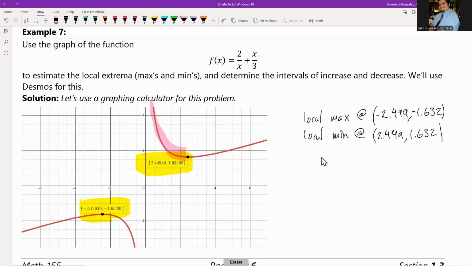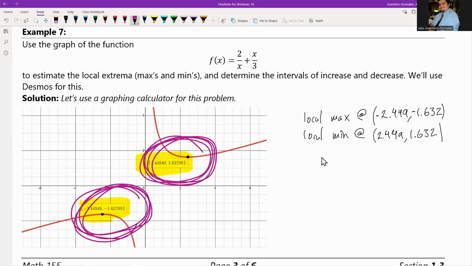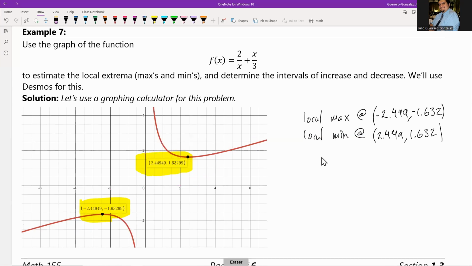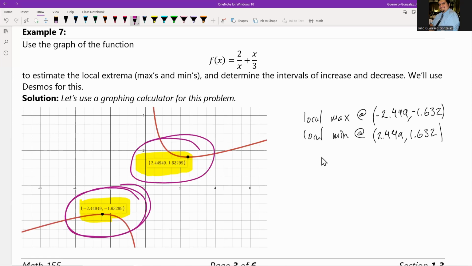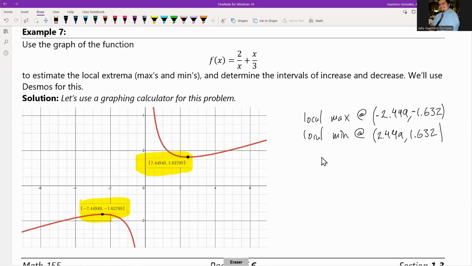Okay, so this is the thing that probably will feel real confusing, right? This point is higher than this point, right? But this is our local max. This is our local min because of how it's defined. Just keep in mind the definition, okay? Okay, so we have our local max, local min, right?